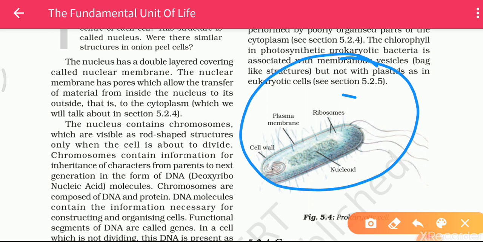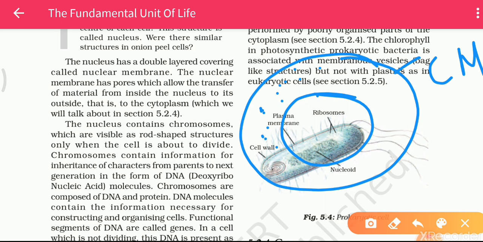Inside the cell, this one is your nucleus. The outer covering of the cell is called the cell membrane or plasma membrane or selectively permeable membrane, and between the cell membrane and the nucleus, cytoplasm is present. Cytoplasm is the thick, living, fluid part of the cell.